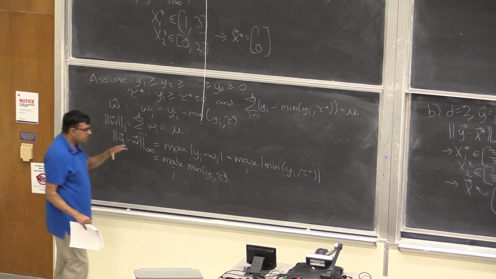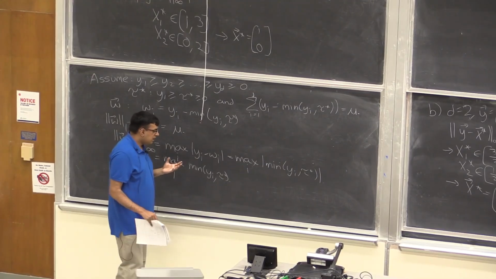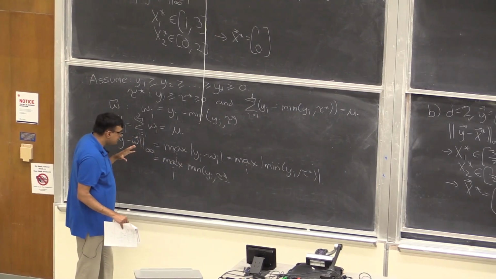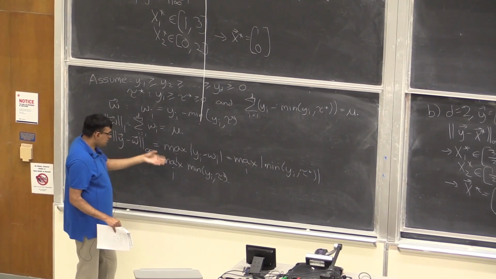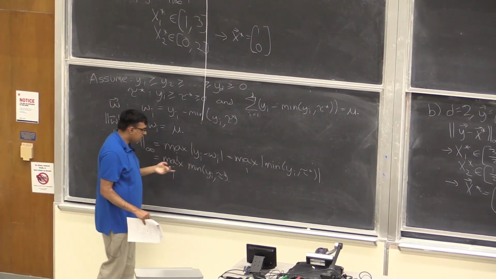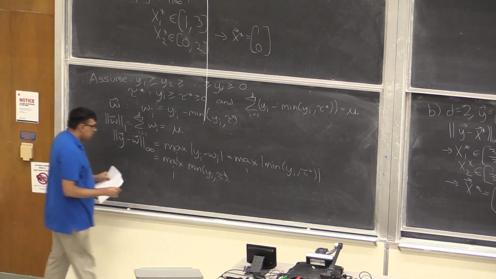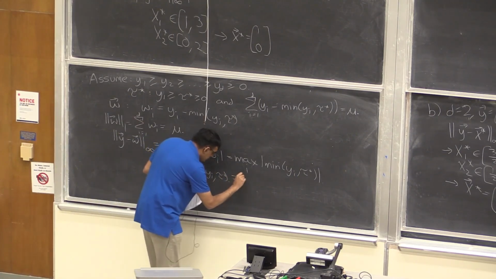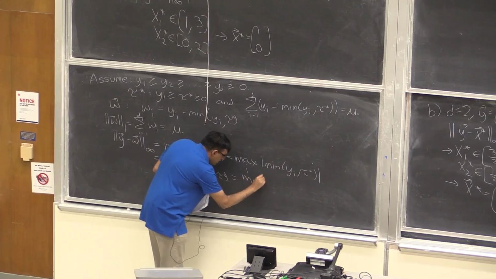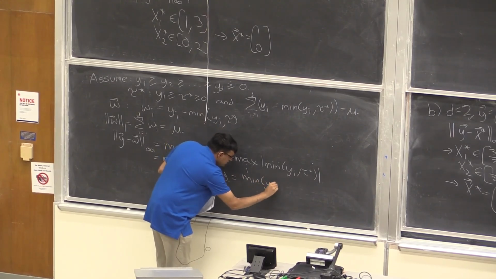Because the value can either be yi or tau star, you can pick y1 and get the largest value. So then this is just equal to min of y1 and tau star.